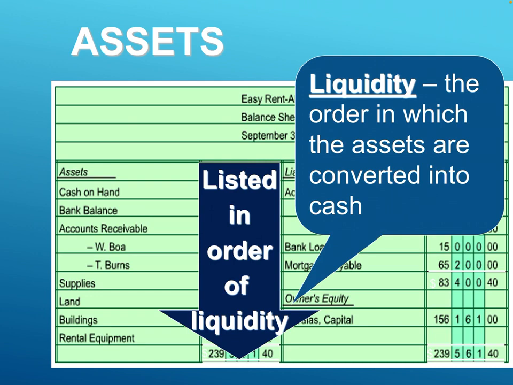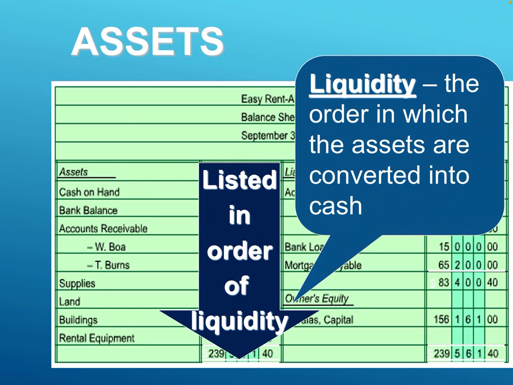And so then we go into land and building and rental equipment. To sell land, you would have to get real estate agents and have it listed and find a buyer and go through the whole process to convert it to cash. And so that is how we organize assets. They're listed in order of liquidity from most liquid, which is cash on hand, or bank.